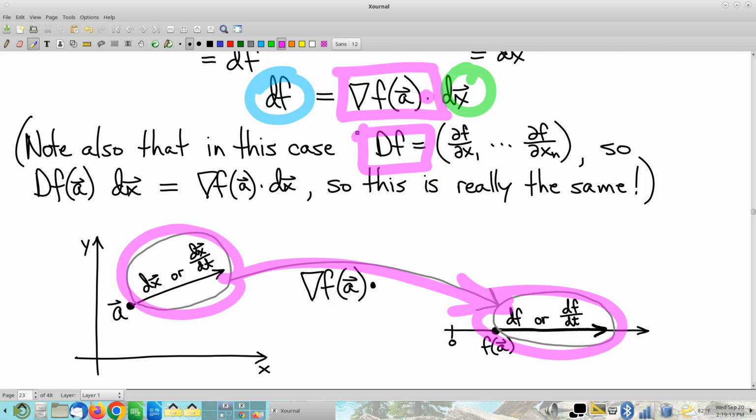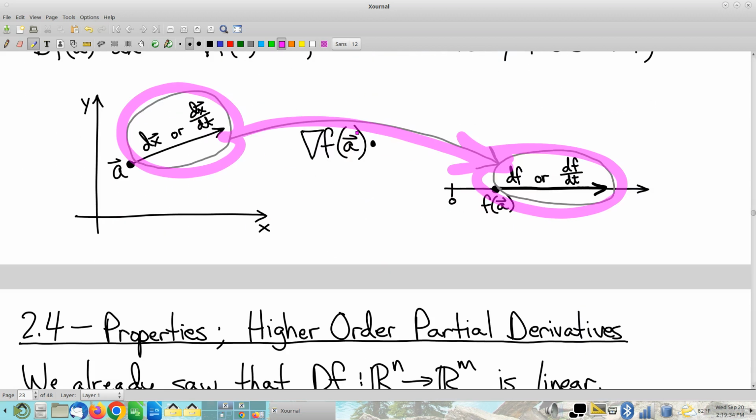Both these objects are just made up of the various partial derivatives. If you assemble them vertically as a vector, you call it the gradient. If you assemble it horizontally as a derivative matrix, you call it the derivative matrix.